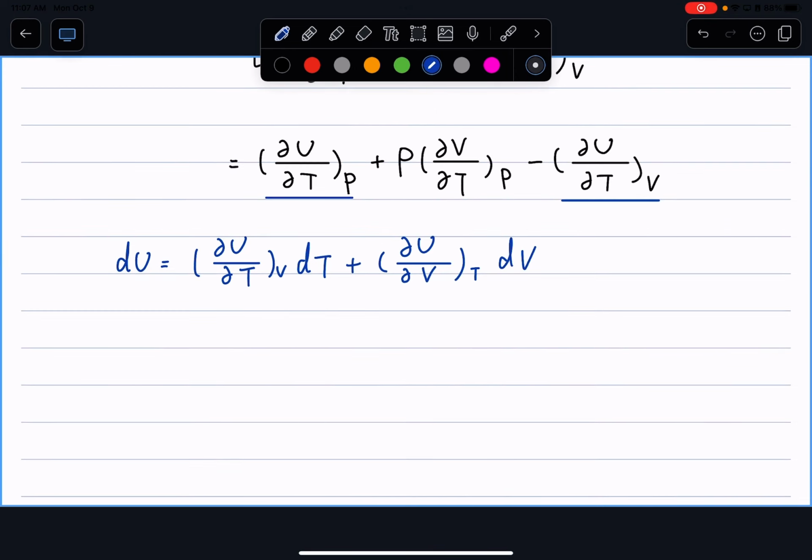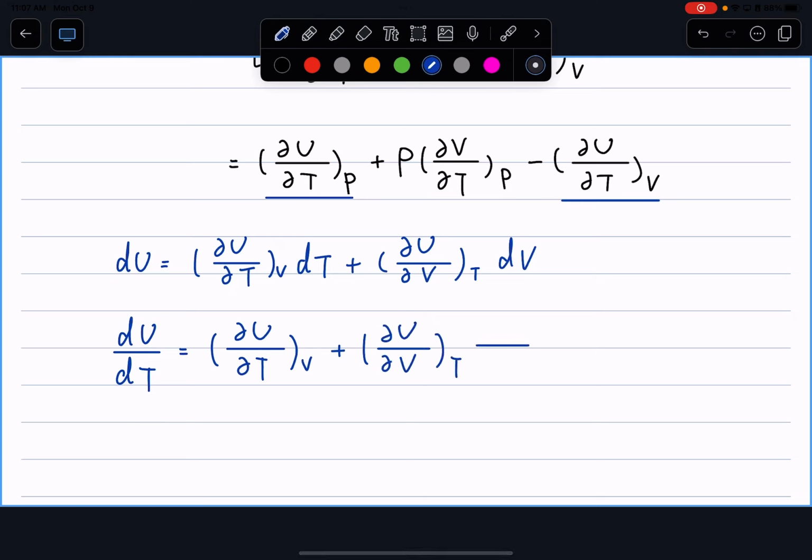plus the partial derivative of U over V at constant T, dV. Or in here, you can write dU over dT at constant pressure equals the partial derivative of U over T at constant volume, plus the partial derivative of U over V at constant temperature, times dV over dT. Here we're just dividing by dT on both sides of the equation.